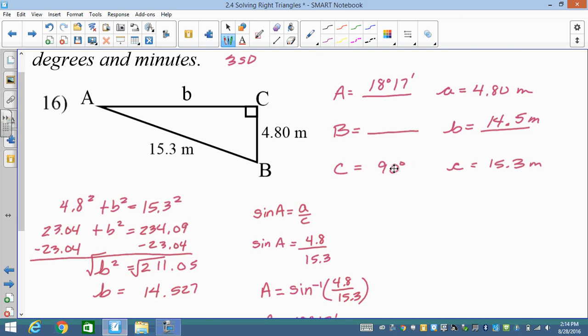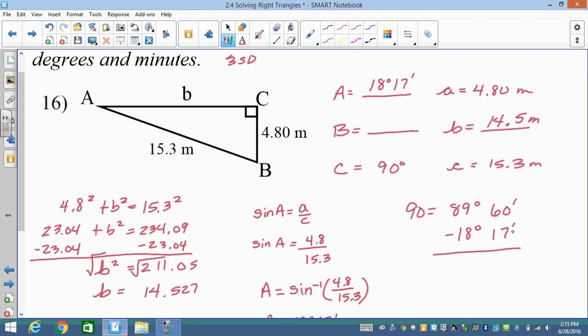And then from here, we can use the fact that A and B are complementary to find B. So 90, I'm going to write this out, equals 89 degrees, 60 minutes. That way you guys can see this, minus 18 degrees, 17 minutes.